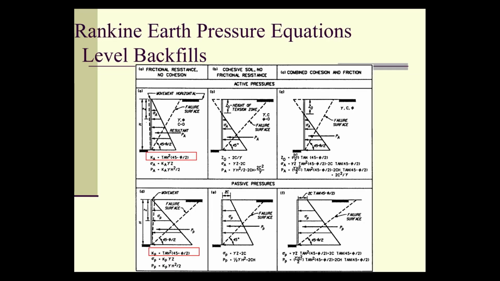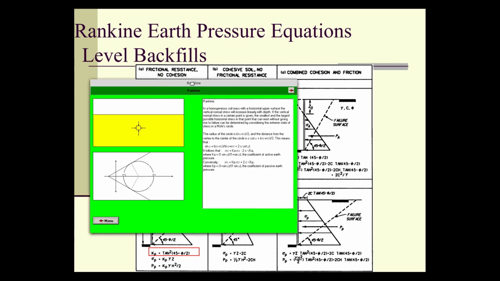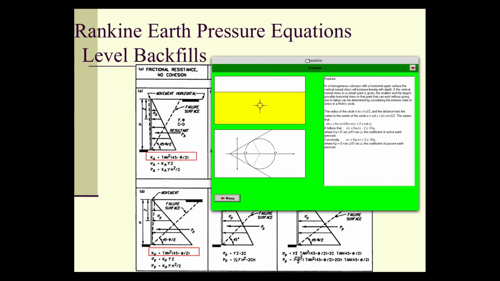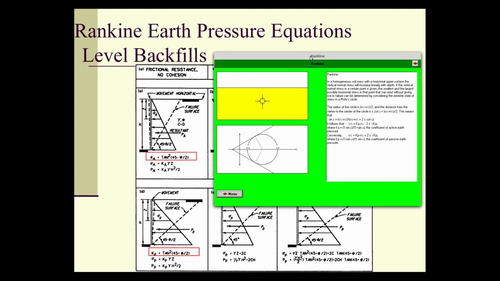All right, let's start with Rankine. I think probably this is as good a place to stop for a second and discuss what Rankine is all about. Rankine basically assumes, and this is based on Verruijt's little app that he has, that with level surfaces, it jibes perfectly with Mohr Coulomb theory.